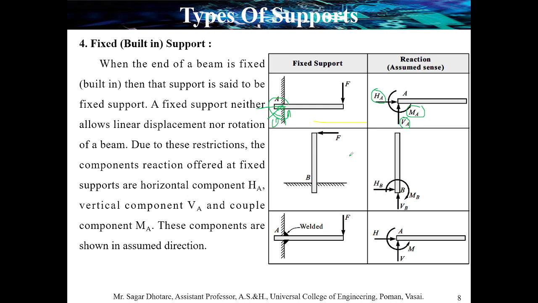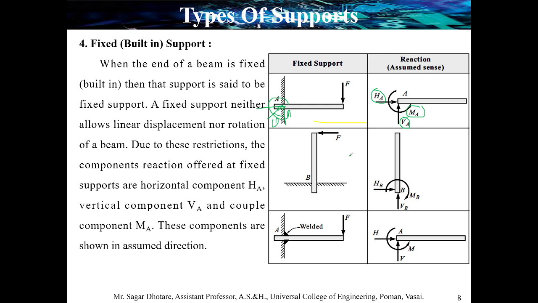First one, it is horizontally restricted and force is applied in a downward direction. In the second example, it is placed in the ground, at the bottom, and force is applied in an anti-clockwise direction. You can see the reactions for the second example. One horizontal force is applied opposite to the applied force, then a vertical component is applied upward.